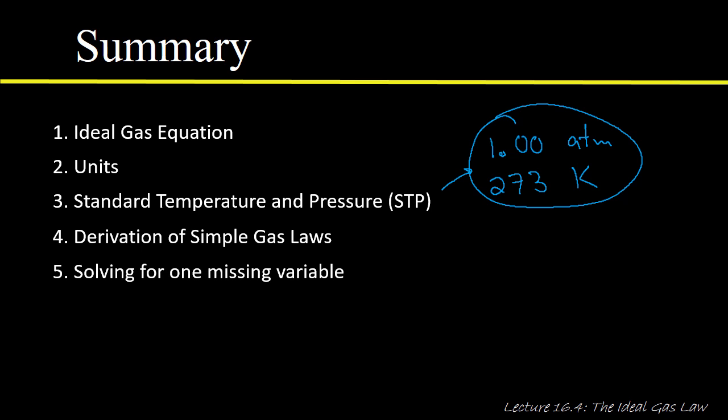Then we looked at 2 different types of problems, solving for one missing variable, which is pretty simple. You just algebraically rearrange the ideal gas equation and solve for whichever one you don't know. The only trick there is to make sure you've got your units correct. And then we looked at 2-state problems, which are a little bit more complicated, and we solved that using either a 2-step method, which is simpler but a little bit longer, or the isolation of constants, which is a little bit more efficient but a little bit more, I won't say complicated, I'm trying to come up with a better word that doesn't have a negative connotation.